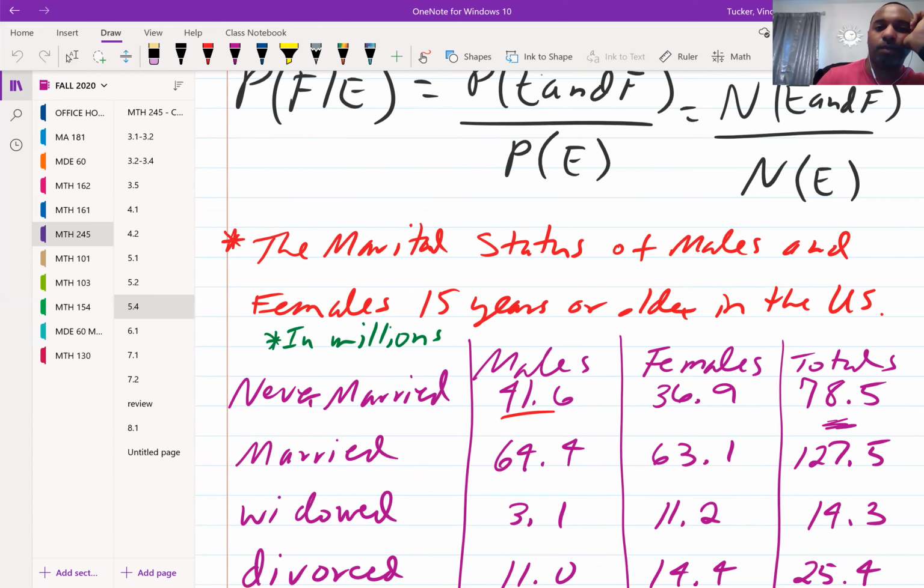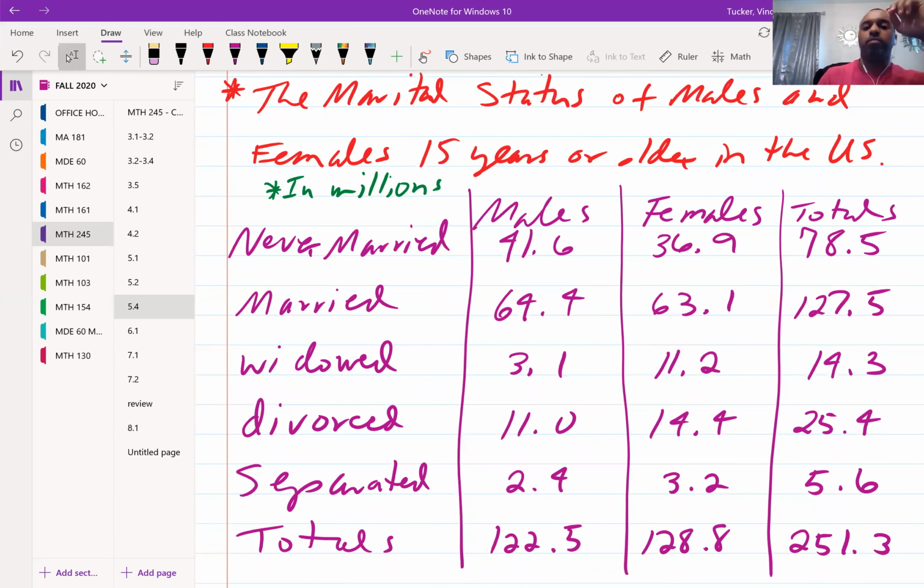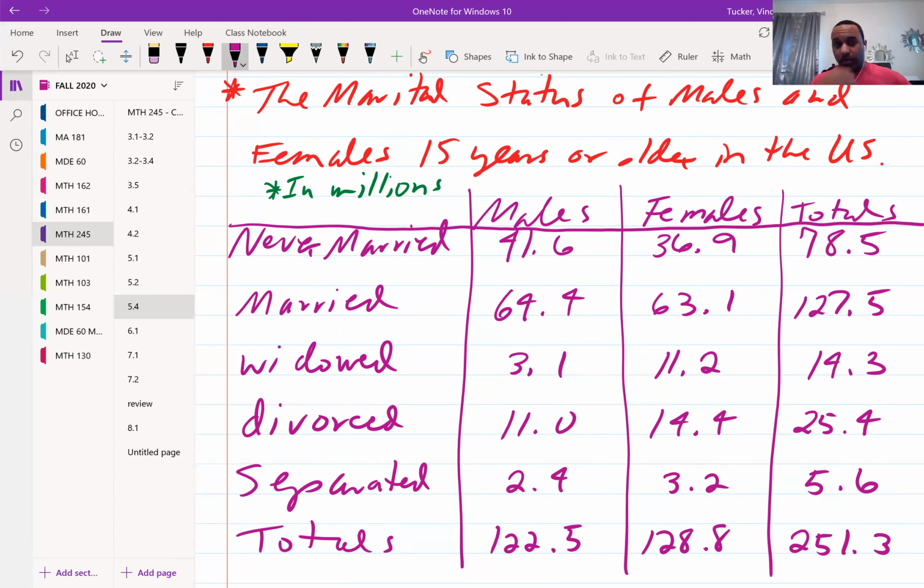Okay. So we have this chart here for our first example. This is the marital status of males and females 15 years or older in the US.